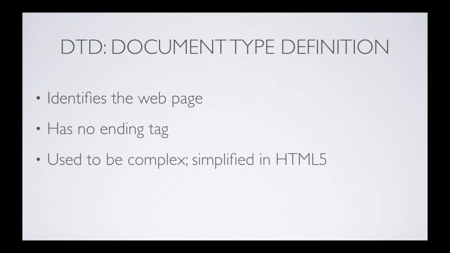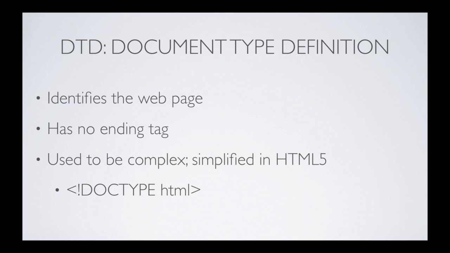It used to be very complex, but in HTML version 5, which is what we're going to be studying, it has been simplified quite a bit. And it looks just like this. It's in angled brackets. It begins with an exclamation point, then the word doctype, and then HTML. This should be included at the beginning of every web page in the HTML markup language.